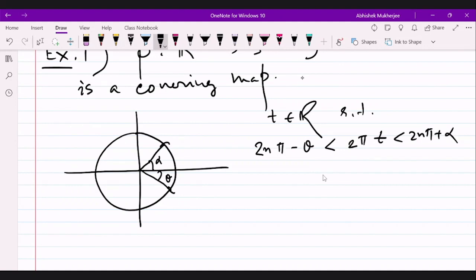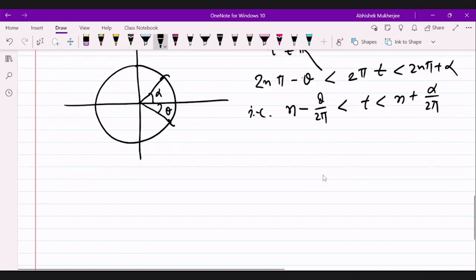Okay. So what does it give? So n minus this is n plus this, right? Okay, great.